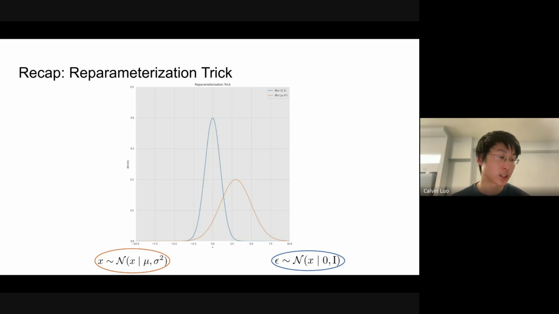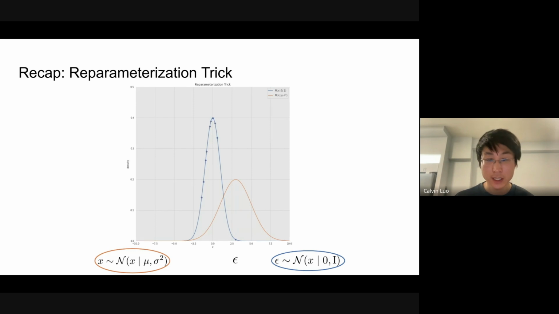So the reparameterization trick basically says that for a complex or arbitrarily parameterized Gaussian with arbitrary mean and arbitrary variance sigma squared, we can generate samples from it leveraging samples from just a standard normal with no learnable parameters, zero mean, identity covariance.